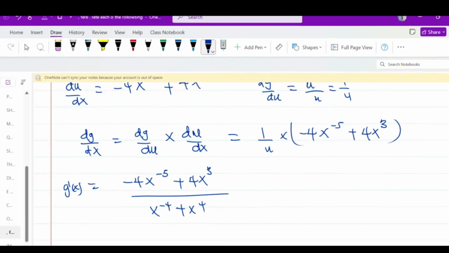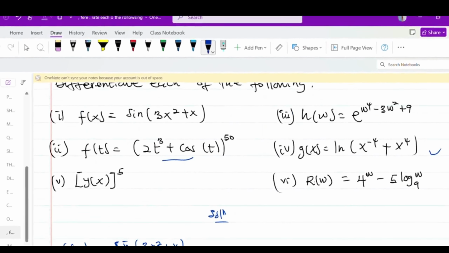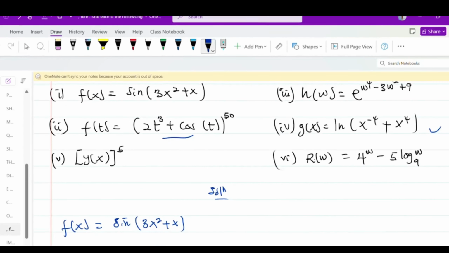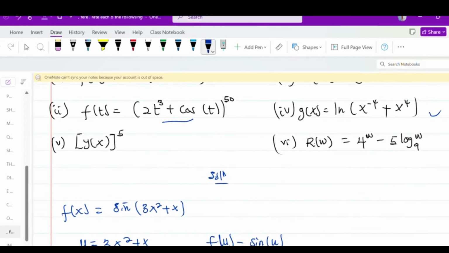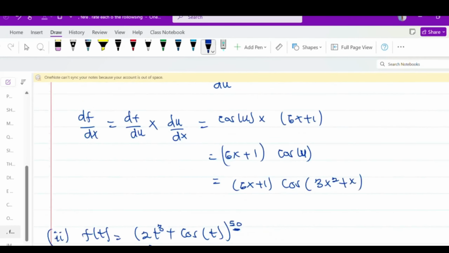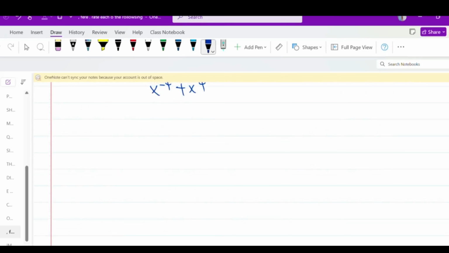For question number 5, we have to differentiate y of x, all to the exponent 5. Now, this is a combination of the chain rule and the power rule. So what we are going to do is to bring the exponent 5 in front here.